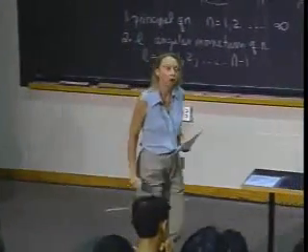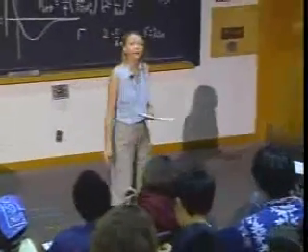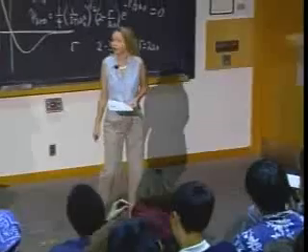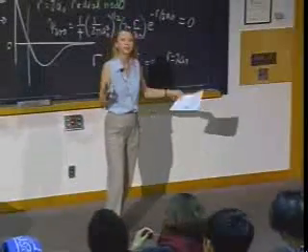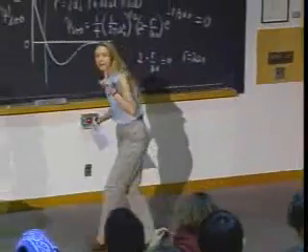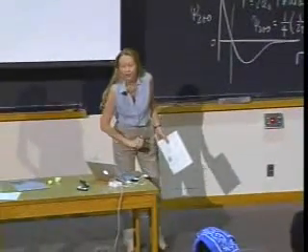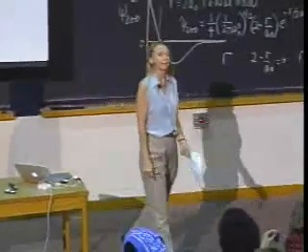Okay, now we have to continue this discussion so we can start to talk about the probability of finding an electron some distance from the nucleus. We just talked about probability density. We haven't talked about probability yet. And here comes probability.